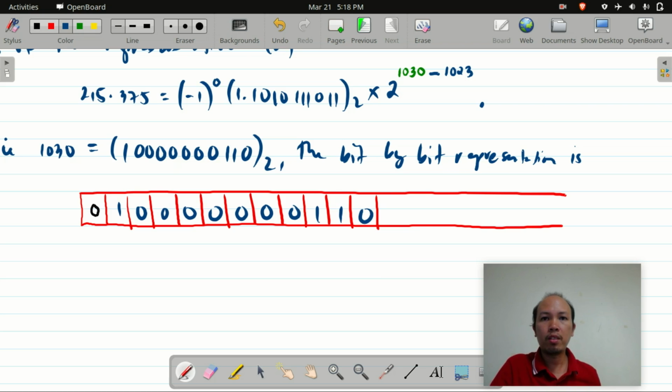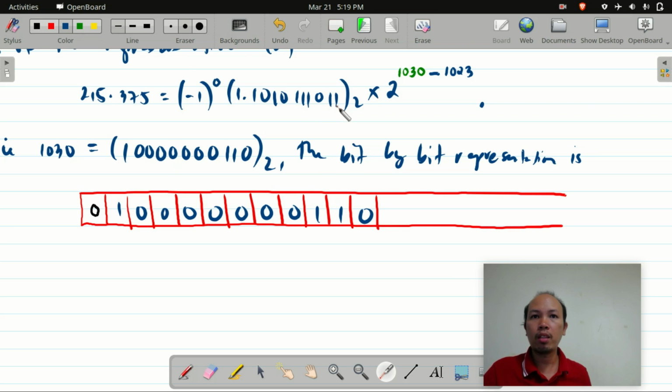Okay, after this we have the mantissa. The mantissa is this one here, 1 0 1 0 1 1 1 0 1 1. How many? 1 2 3 4 5 6 7 8 9 10.